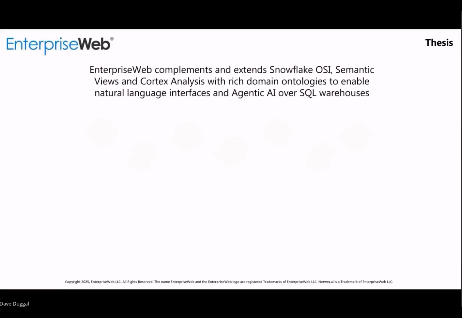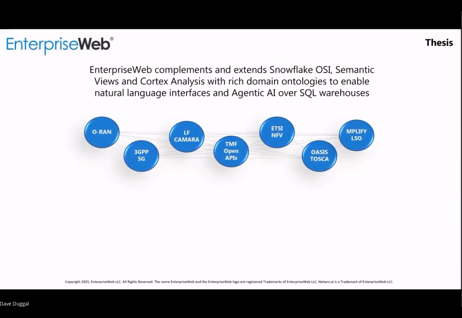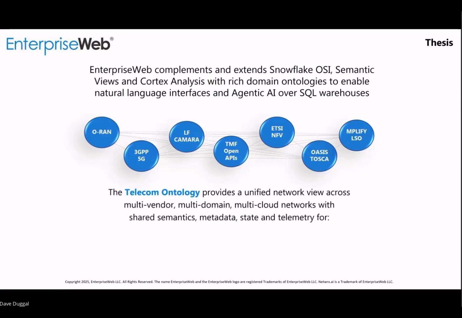So in this demo, we're going to show you how we deploy into Snowflake and how we complement and extend Snowflake's OSI, semantic views, Cortex analytics with our domain ontologies, and how the domain ontologies provide this unified network view across a multi-vendor, multi-domain, multi-cloud network. And again, remember, it's going to provide the common semantics, the common metadata, common state, and telemetry across services, across use cases, across domains, so that you can reason across them.